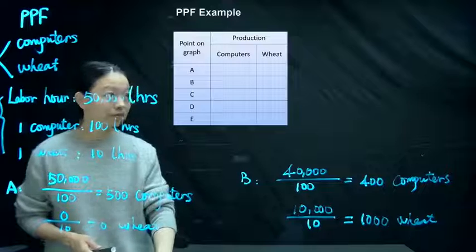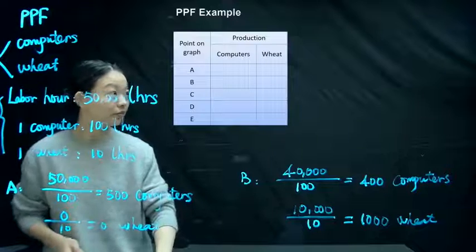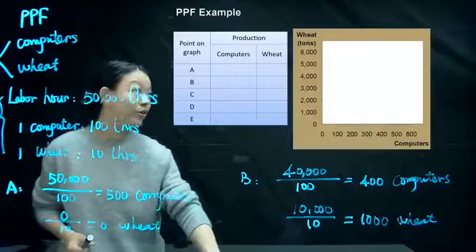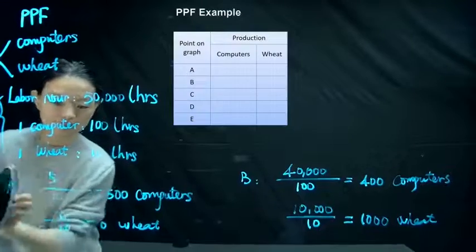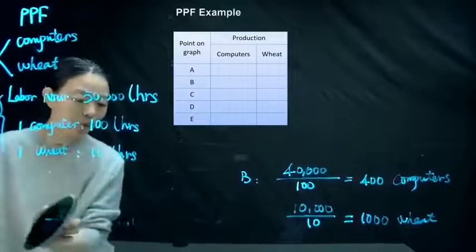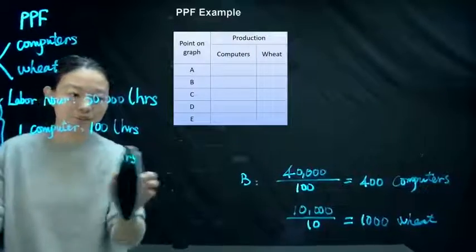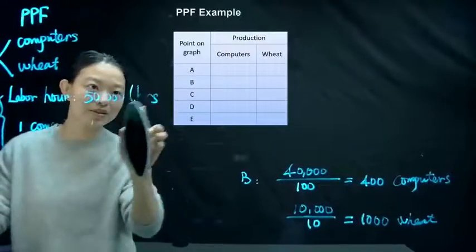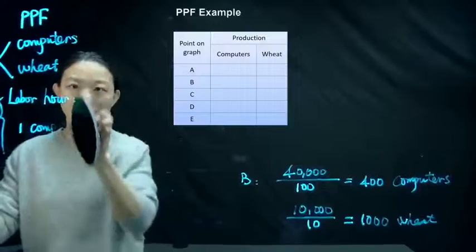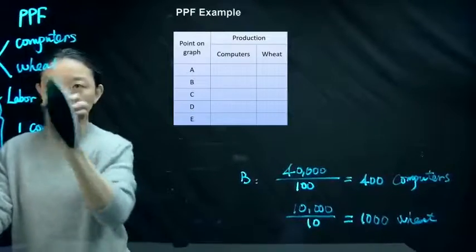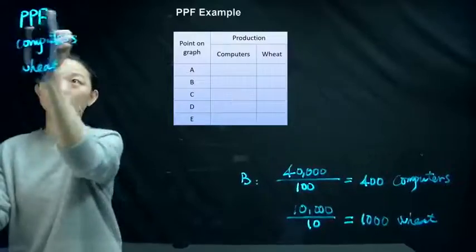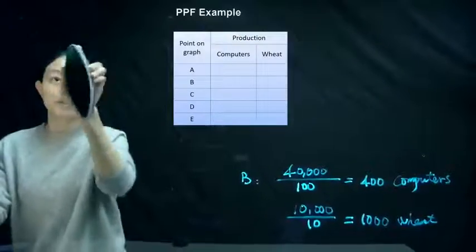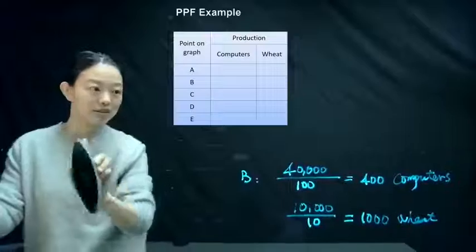So let's move on. For computers, you can see at point A we have 500 computers and 0 tons of wheat. So let me just pull out this table.